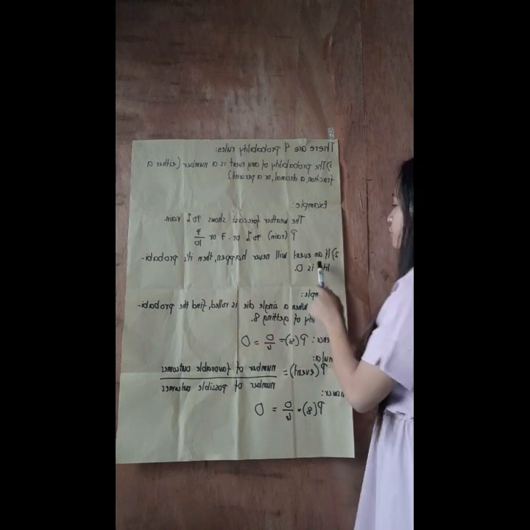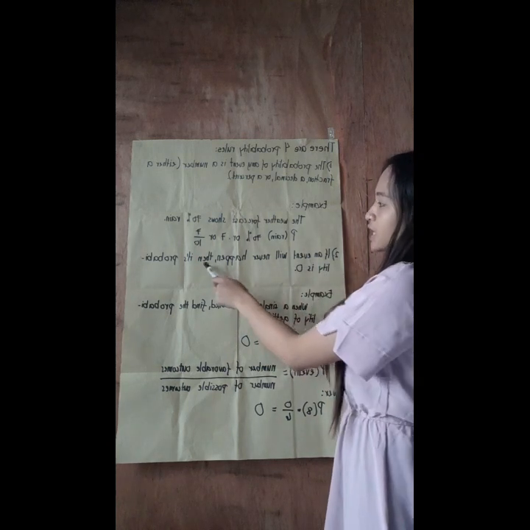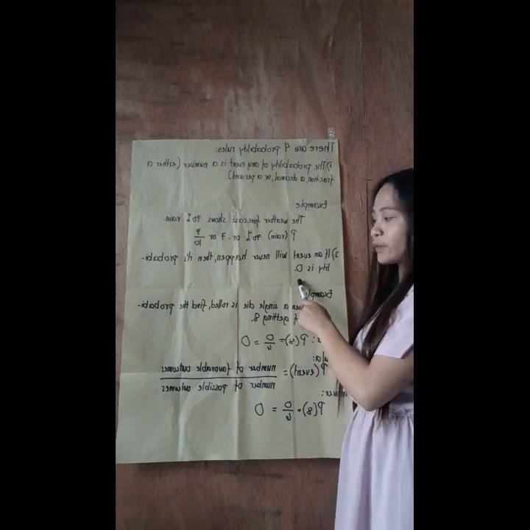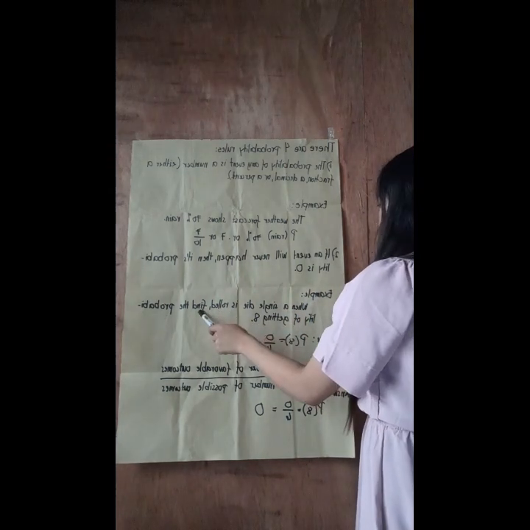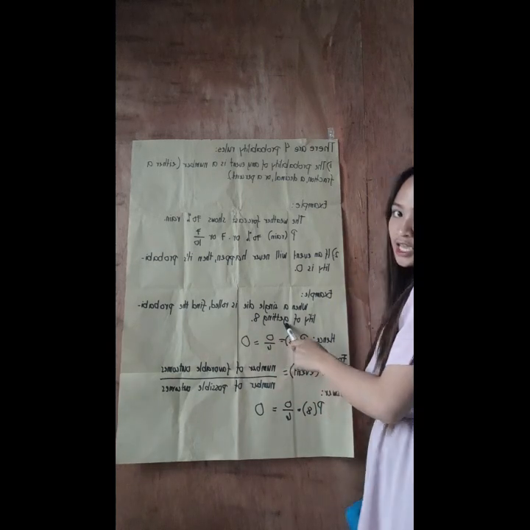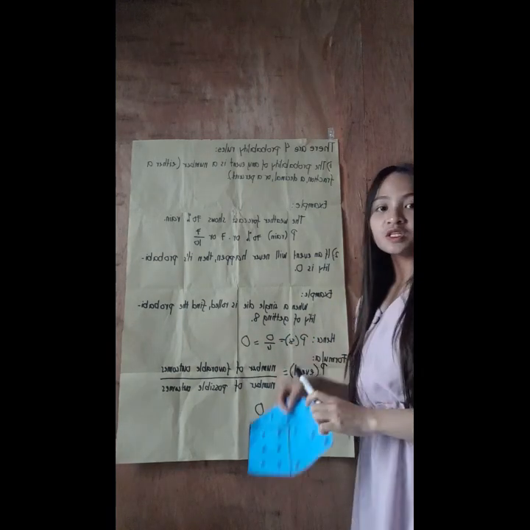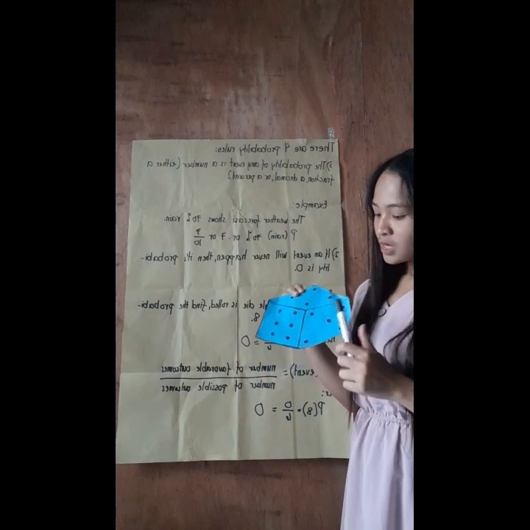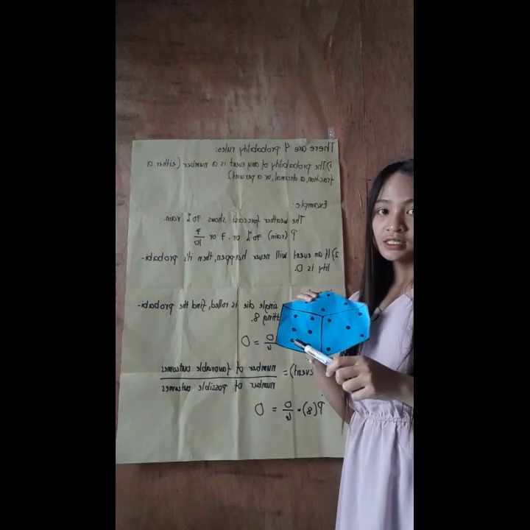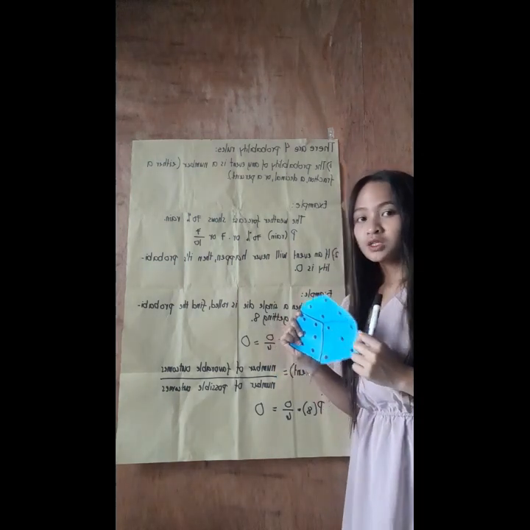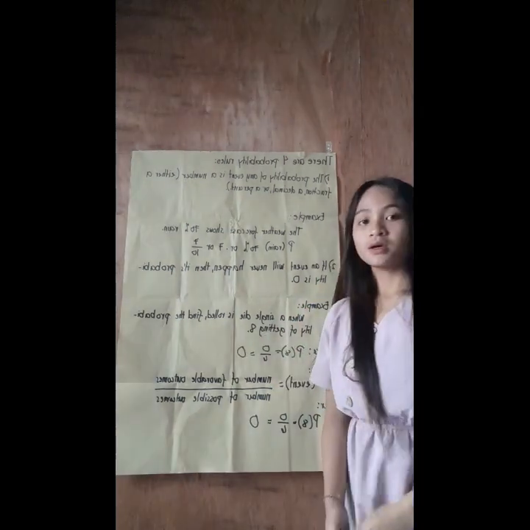Second rule, if an event will never happen, then its probability is 0. Example, when a single die is rolled, find the probability of getting 8. Since the sample space consists of 1, 2, 3, 4, 5, and 6, it is impossible to get an 8.